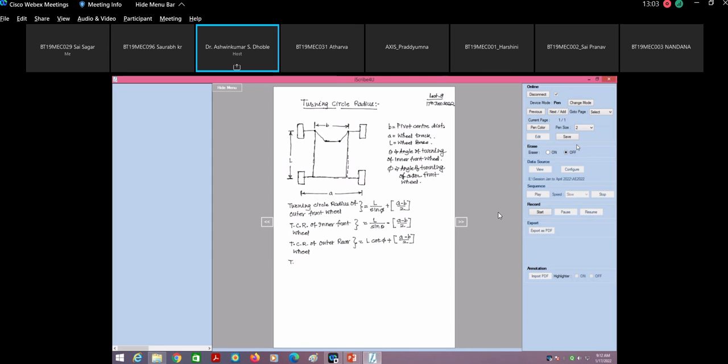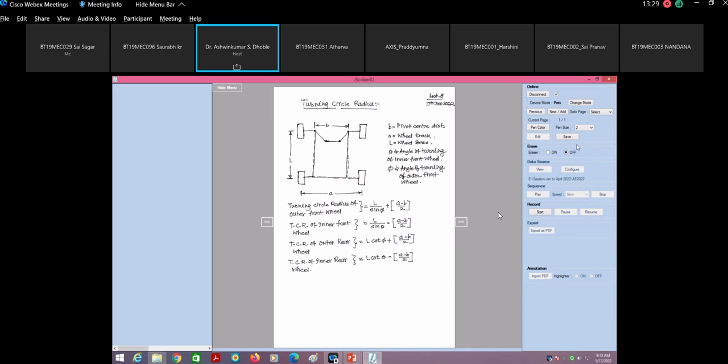Then the turning circle radius of the inner rear wheel is given as L cot of theta minus a minus b divided by 2.